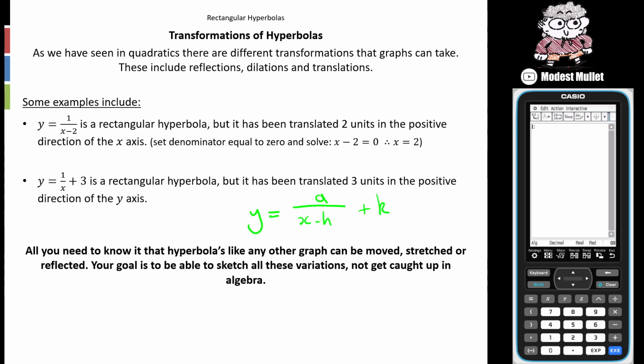This is our general form of the hyperbolic equation. A is our dilation, and also we can have reflections if that's made negative, or the x itself here is made negative. H is just like with quadratics and cubics, that's our horizontal translation. And with the K, that's our vertical translation as well.